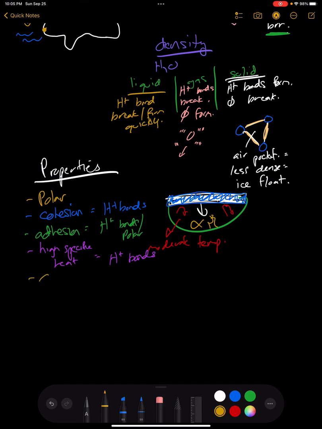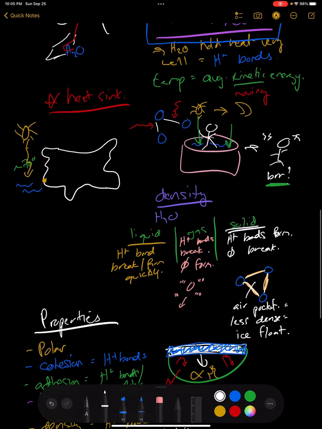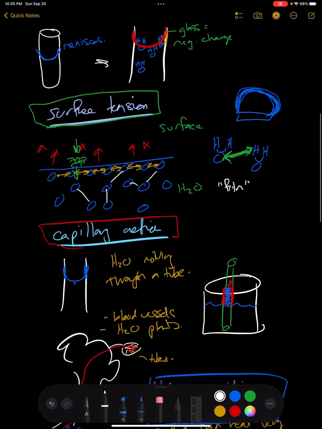We can talk about density. Density is again because of the hydrogen bonds. We can talk about capillary action. And capillary action, again, is going to be because of the H bonds. And my polarity. Let's see, did I forget anything?